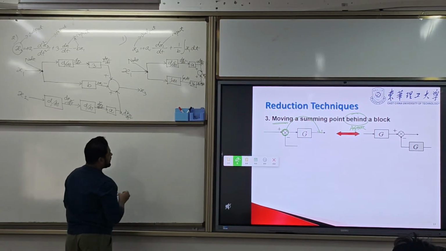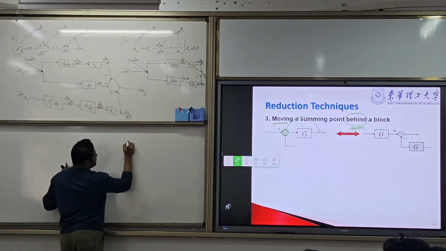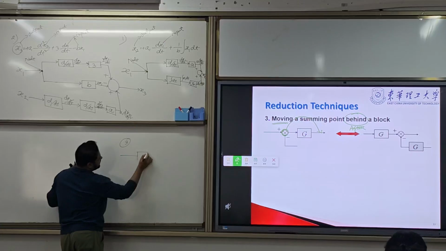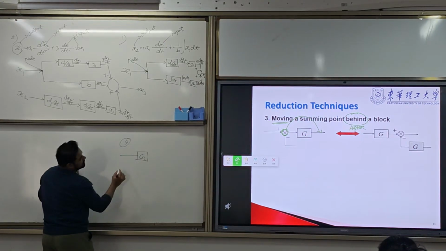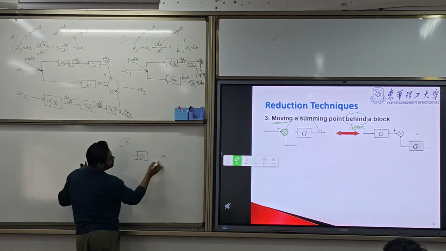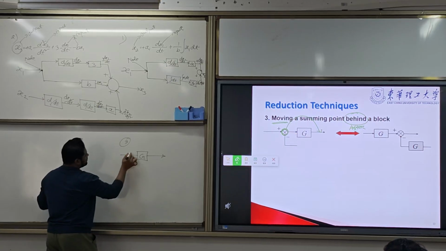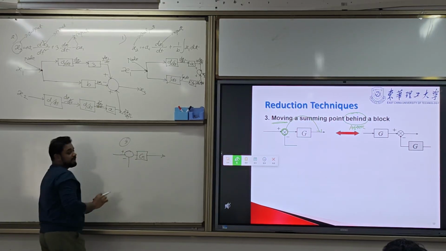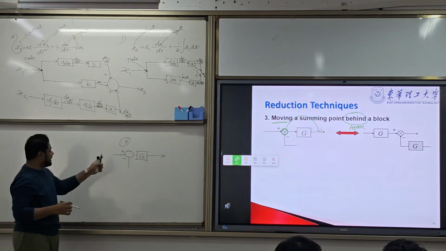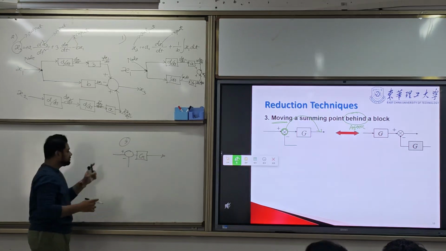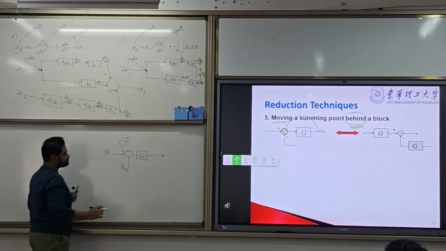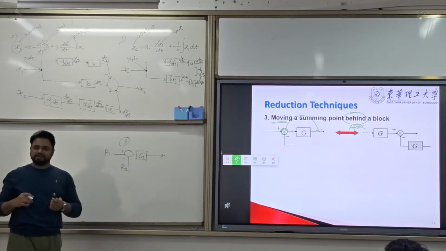Okay, I will prove it here. I have a gain here, and a summing point here, with positive and negative signs. Let's consider I have two inputs, R1 and R2.